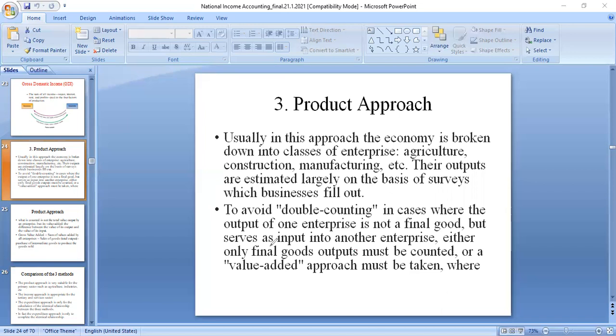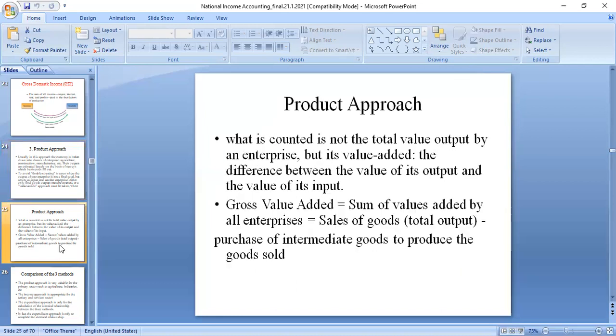With value added, basically we are getting the difference between total sales minus the intermediate goods. So with the gross value added, we are getting the total sales of a good, which is total output, minus the purchase of intermediate goods to produce the goods sold.